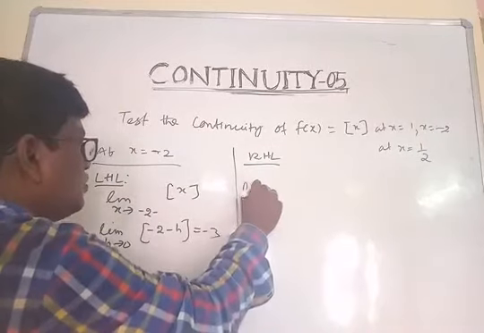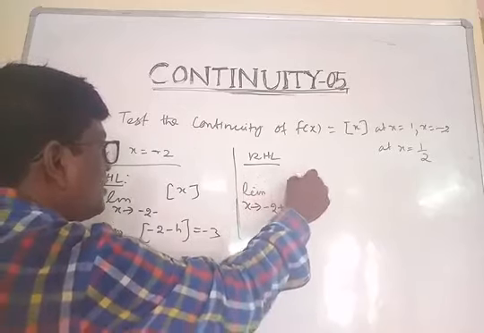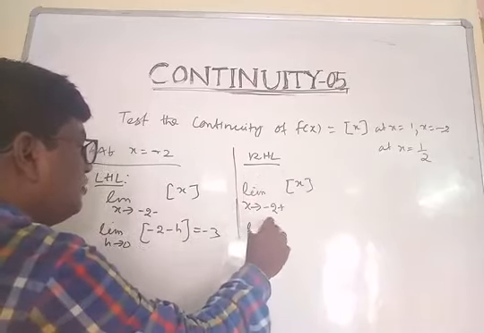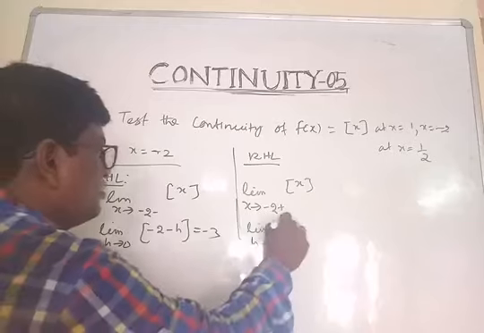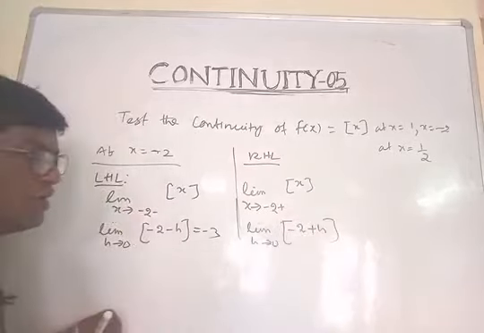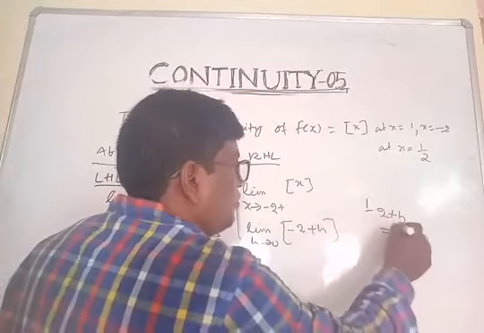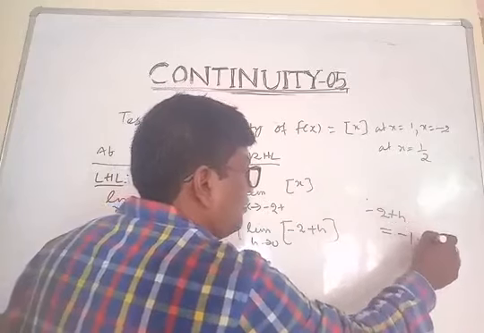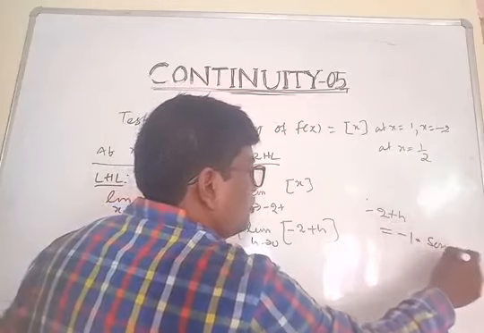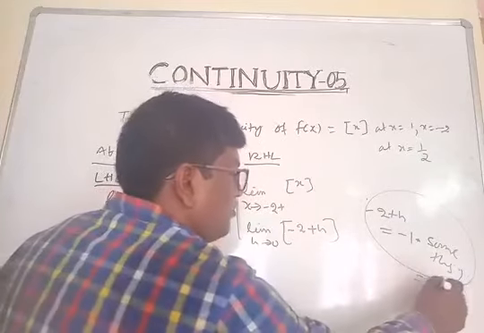Now RHL: limit x tends to minus 2 plus of bracketed x, this is equal to limit h tends to 0 of bracketed minus 2 plus h. Minus 2 plus h means minus 1 point something, and bracketed minus 1 point something is equal to minus 2.